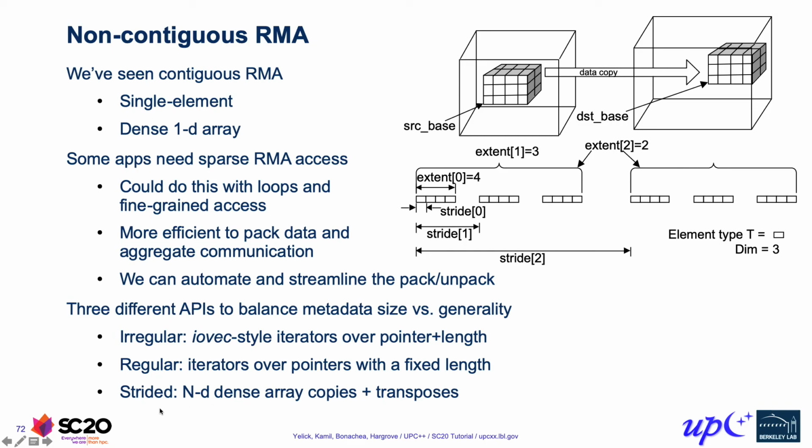And then finally, we have strided for something like a Jacobi ghost-cell exchange, where we have some subset of a dense multidimensional array. So again, we're trading off generality for the amount of metadata and the amount of overhead required to do the packing and unpacking operation. Once we make a choice of which of these 3 interfaces to use, we're relying on the UPC++ library to figure out the best way to do the transfer.